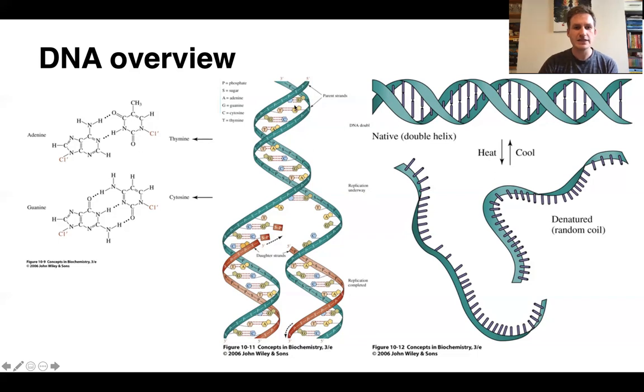This helix is formed of a sugar phosphate backbone with 4 different nucleotide bases. And these bases are given the names adenine, thymine, guanine, and cytosine, or ATGC.